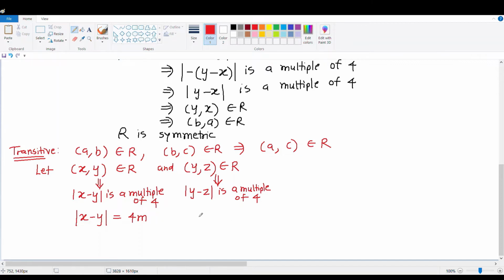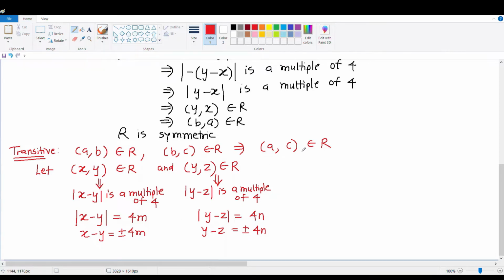And in the same way, mod of y minus z is equal to some constant times 4, so 4n. Now, if I get rid of that mod sign, then I can write x minus y equals plus minus 4m and y minus z equals plus minus 4n. That's how we get rid of the absolute sign, right? That's how we get rid of the mod.